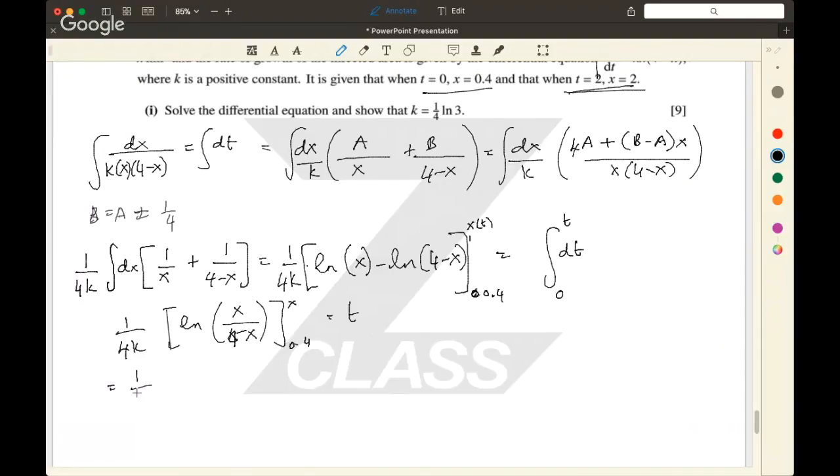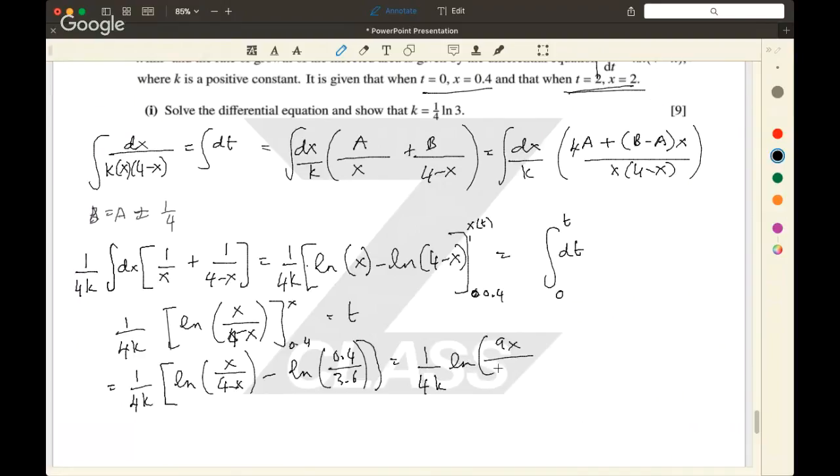And this is equal to 1 on 4k, and I will get ln of x over (4 minus x) minus ln of 0.4 over 3.6, which is equal to 1 on 4k ln of 9x over (4 minus x). And this is equal to t.